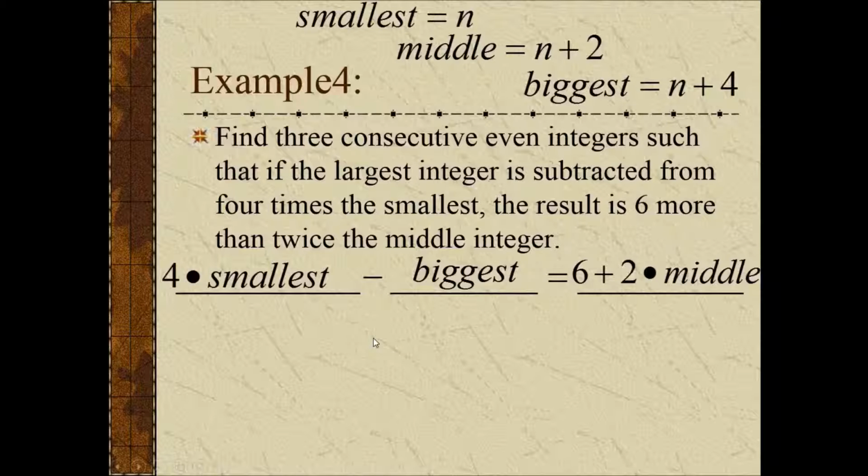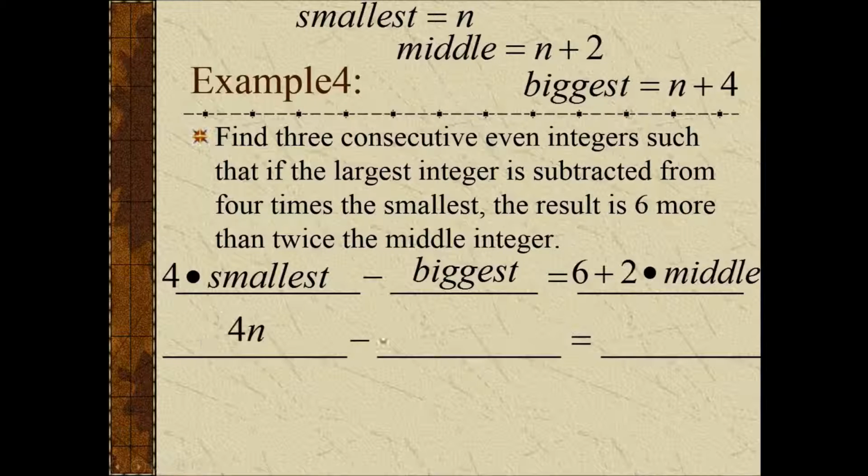So using these 3 representations, n and n plus 2 and n plus 4, I can rewrite this equation now as 4 times n minus n plus 4, that's the biggest of these 3, equals 6 plus 2 times the middle, which is n plus 2.